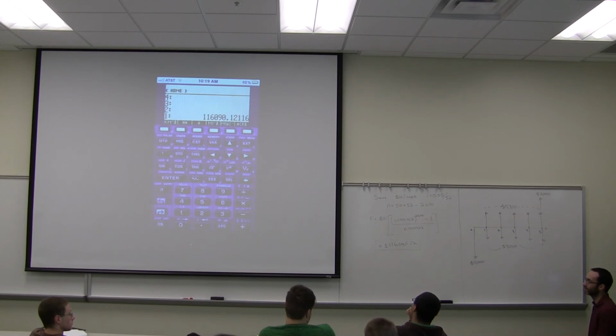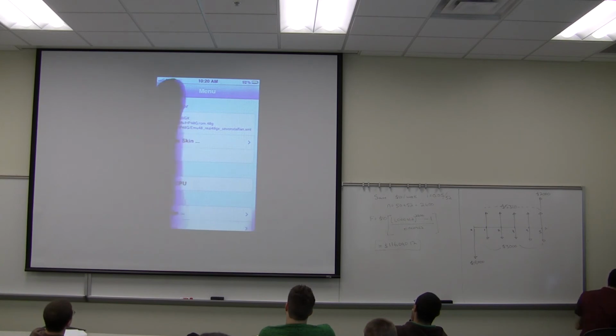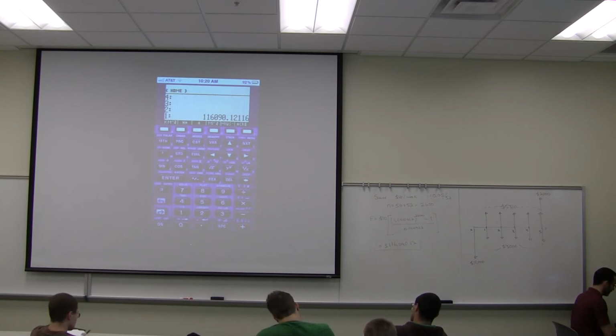Most calculators don't have it because it's a little awkward to learn at first, but it ends up being nice because you can see the intermediate calculations, and there are fewer keystrokes than typing it in algebraically. If you want to download this application, it's called HP 48, I think.